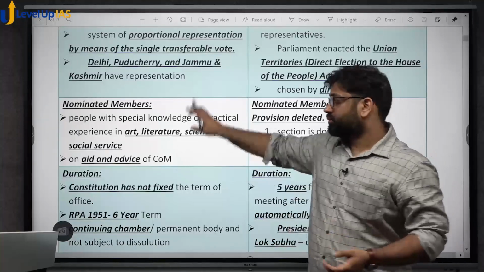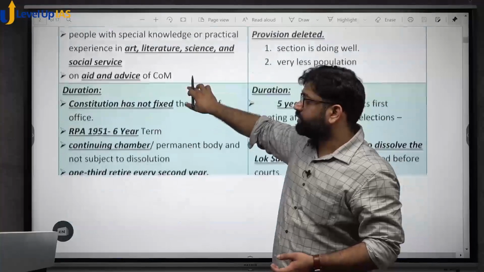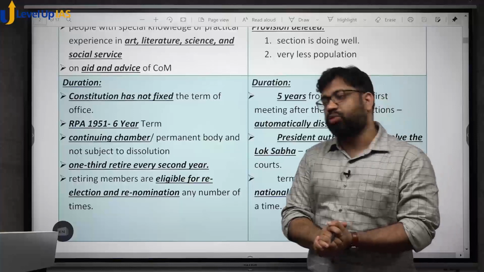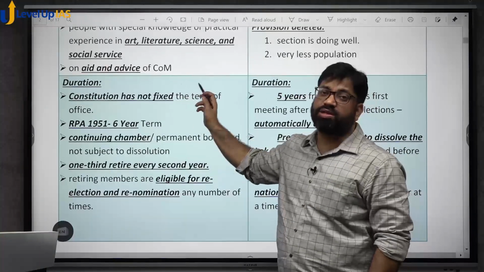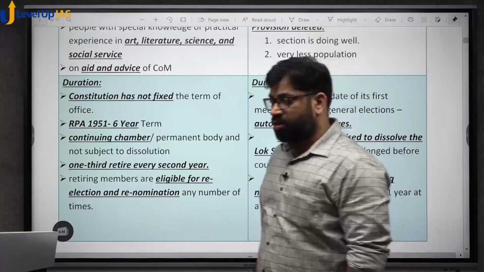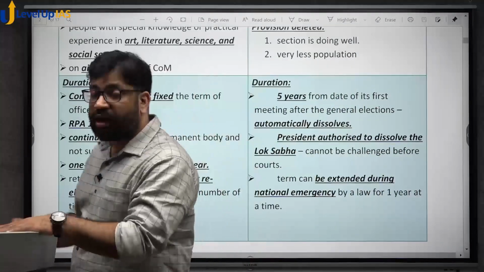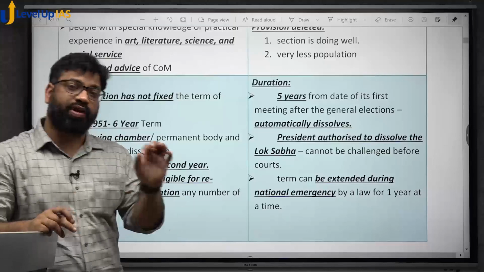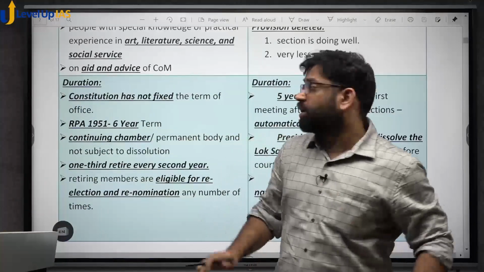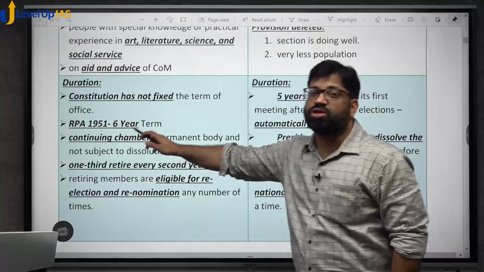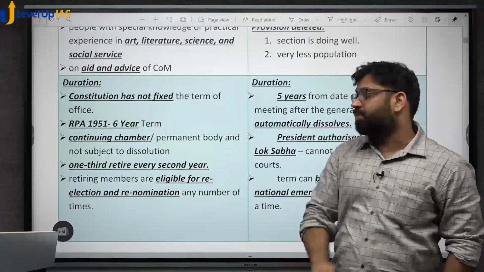Got it? Now, the Rajya Sabha, let's talk about the duration. See, the constitution does not fix the term of Rajya Sabha. Remember this. When we say it is 6 years, it is not the constitution which is fixing the duration of Rajya Sabha. Who does it? The Representation of the People Act passed by the Parliament.